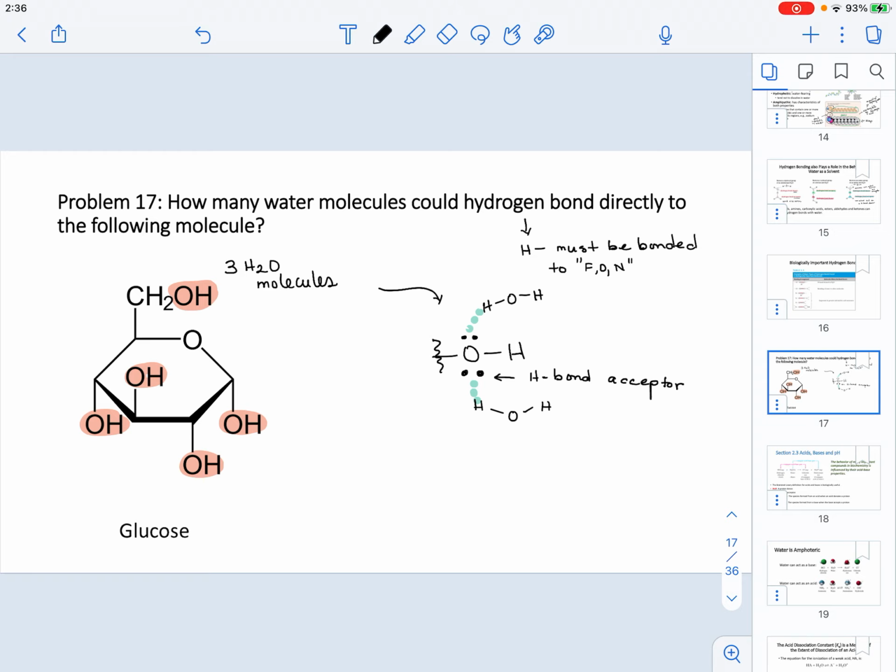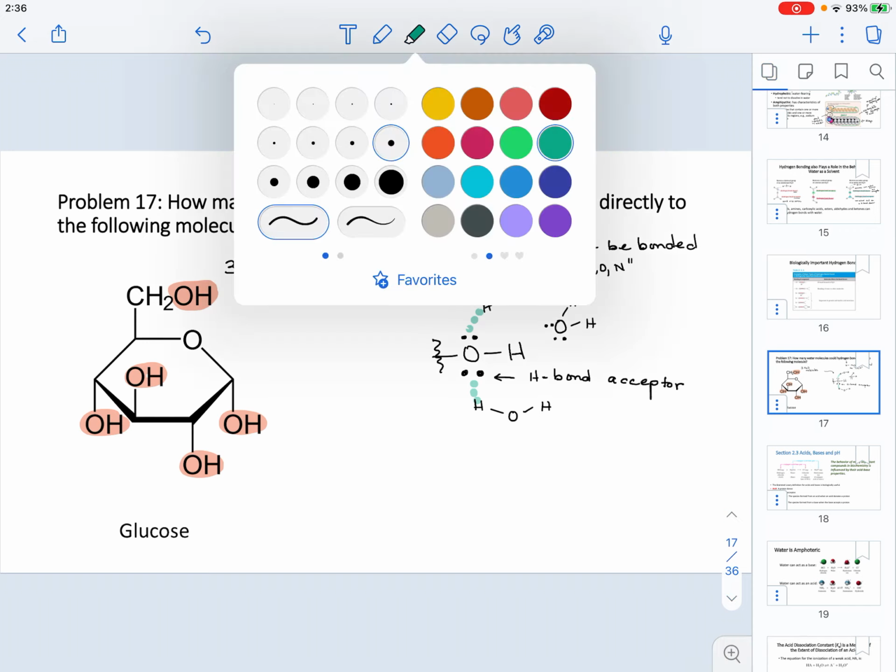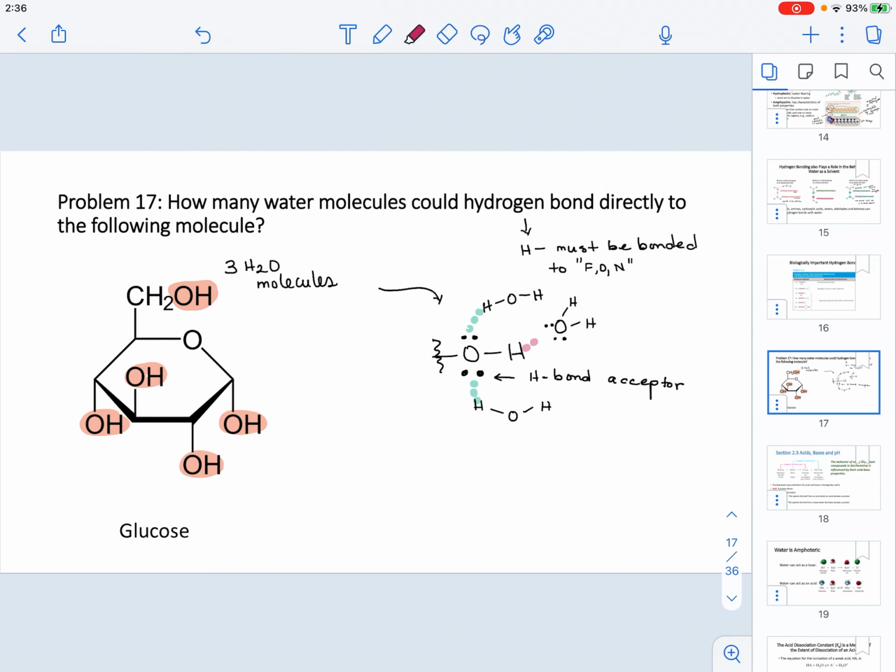And then the oxygen atom of the water can interact with the hydrogen atom in the hydroxy, in which then that hydroxy group is interacting as a hydrogen bond donor. So that's the three water molecule interactions.